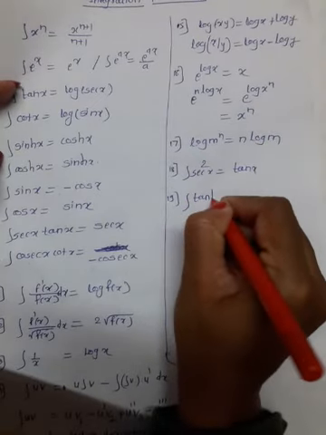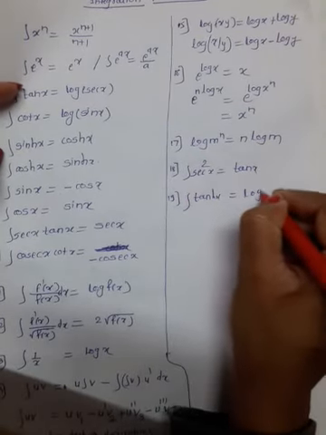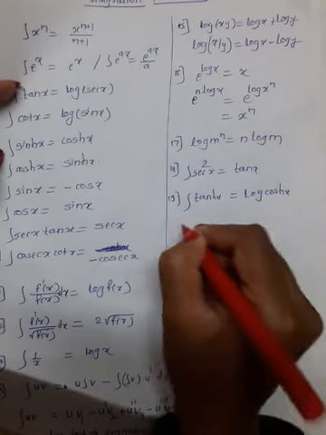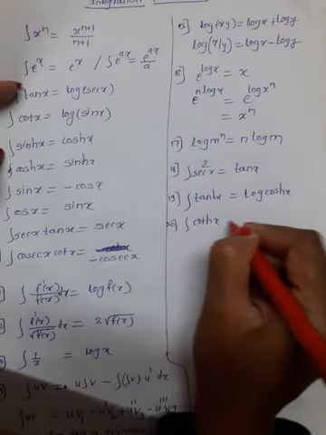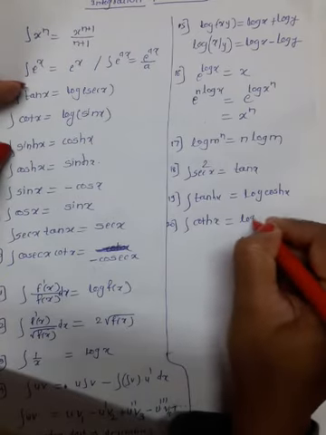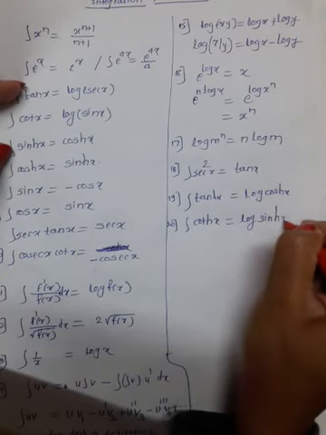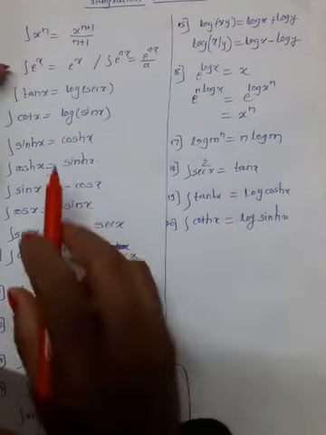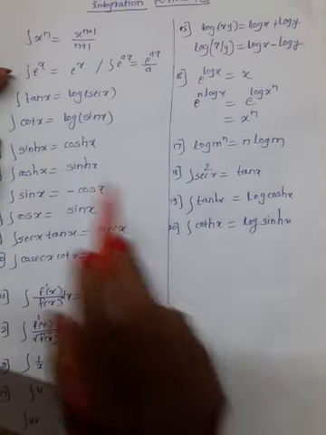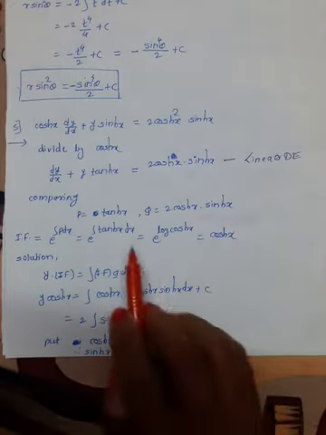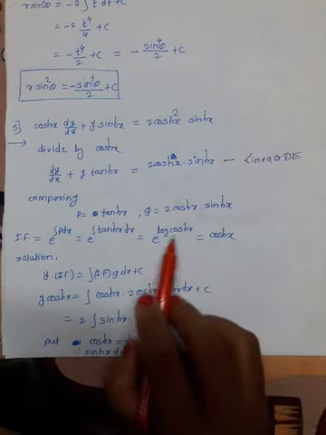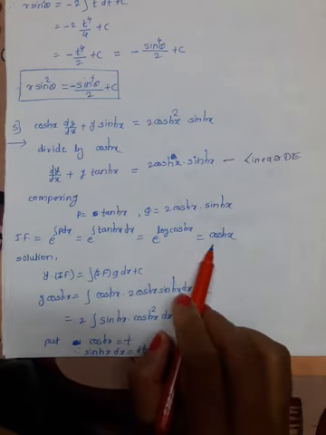Integration of tan hyperbolic x is log of cos hyperbolic x, and integration of cot hyperbolic x, if it is there, is log of sine hyperbolic x. Okay. Normal tan and cot integrations are different. This integration is different. Now put this value here. We get e raised to log of cos hyperbolic x. E and log get cancelled. The answer is only cos hyperbolic x.